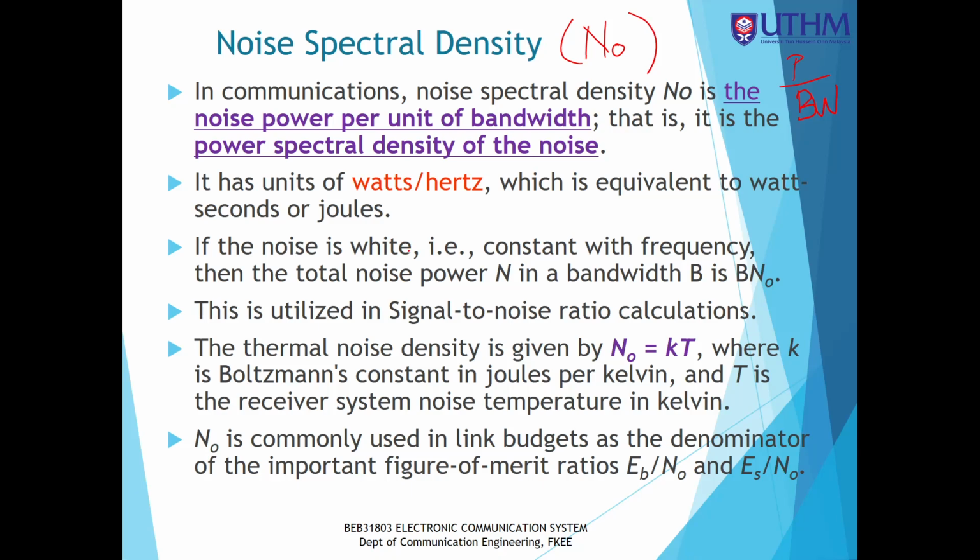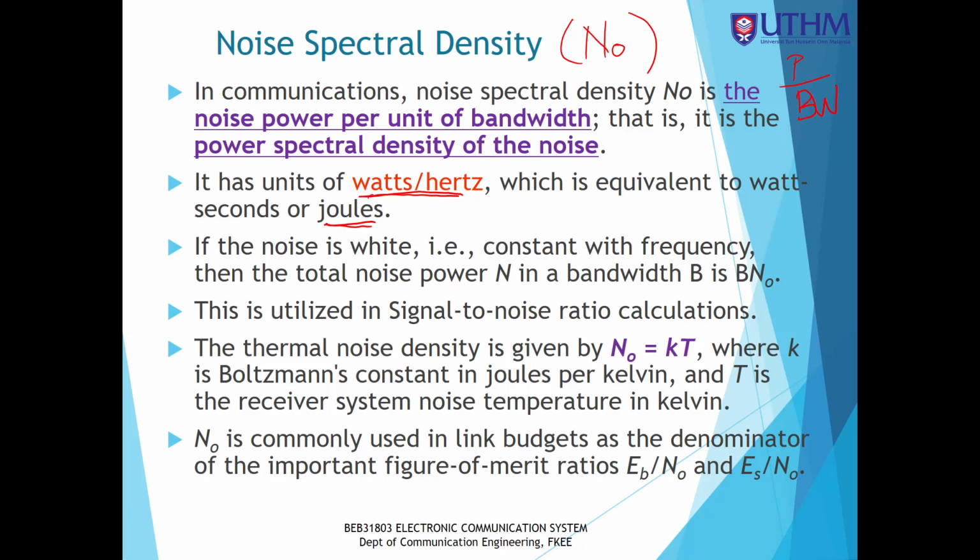Dia adalah nisbah antara noise power divided by the bandwidth. So it has the unit of watt per hertz, which is equivalent to watt seconds or joules. So you can write the unit as watt per hertz or watt second or joules.